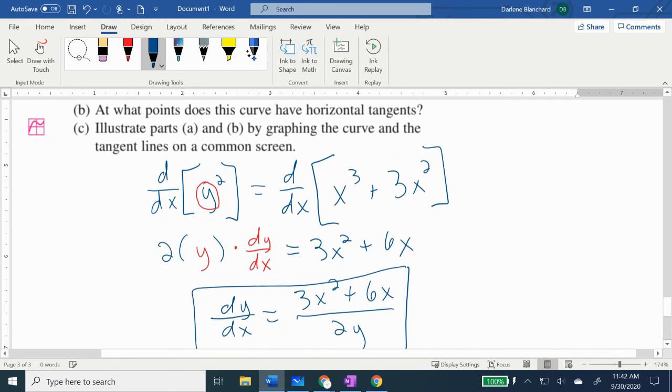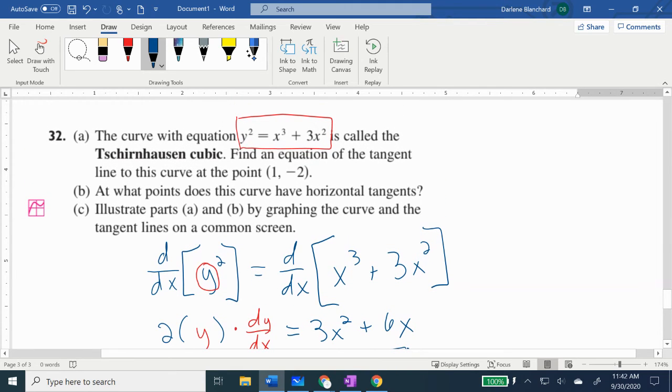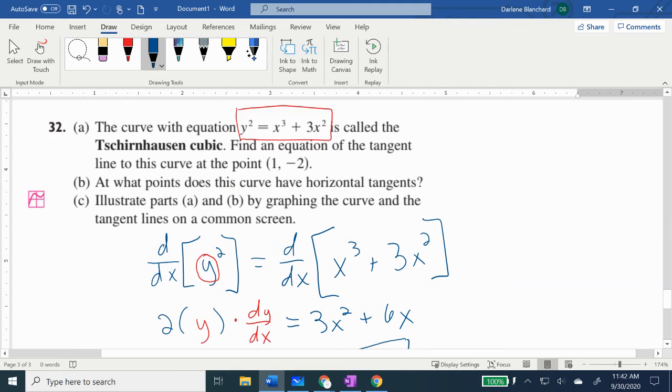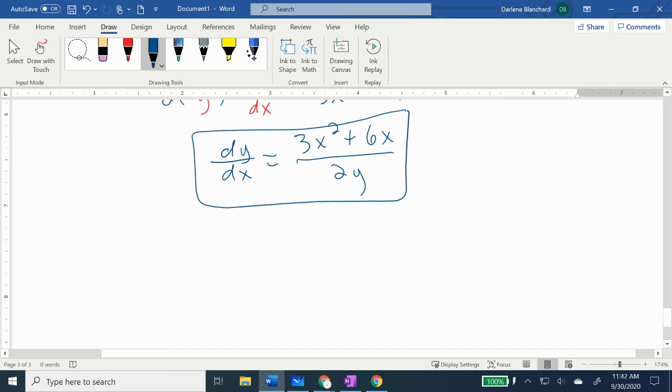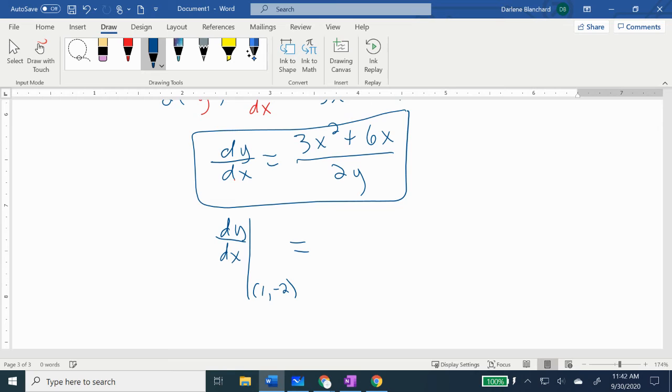I want to find the slope at the point 1, -2. So plugging 1 into x will give me 3 plus 6, 9. Plugging -2 into y will give me -4. So I've got a lovely fraction.